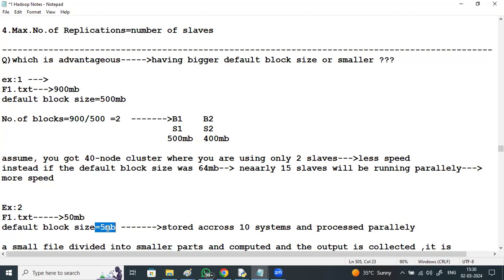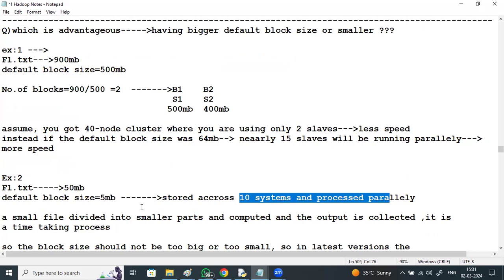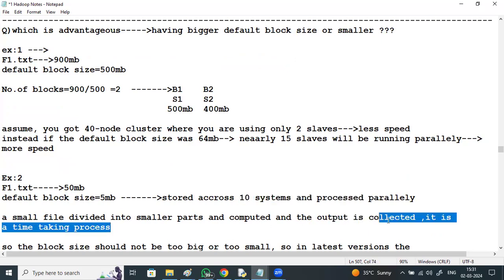You have kept the default block size to 5 MB, a very small block size. This 50 MB file is divided into 5 MB blocks, totally 10 blocks stored across 10 systems and processed parallelly. Already a small file is divided into 10 smaller parts, then computed again, and the output is collected. Dividing, storing, processing, and collecting the output for a very small file is a time taking process.